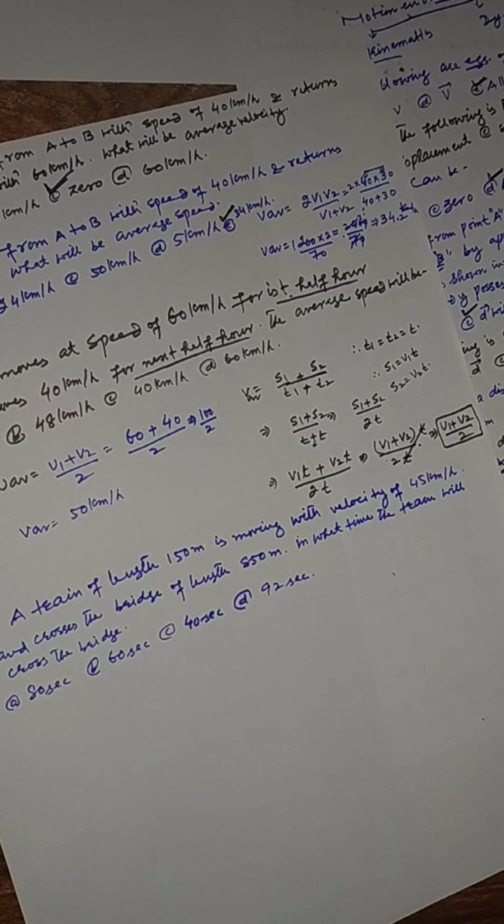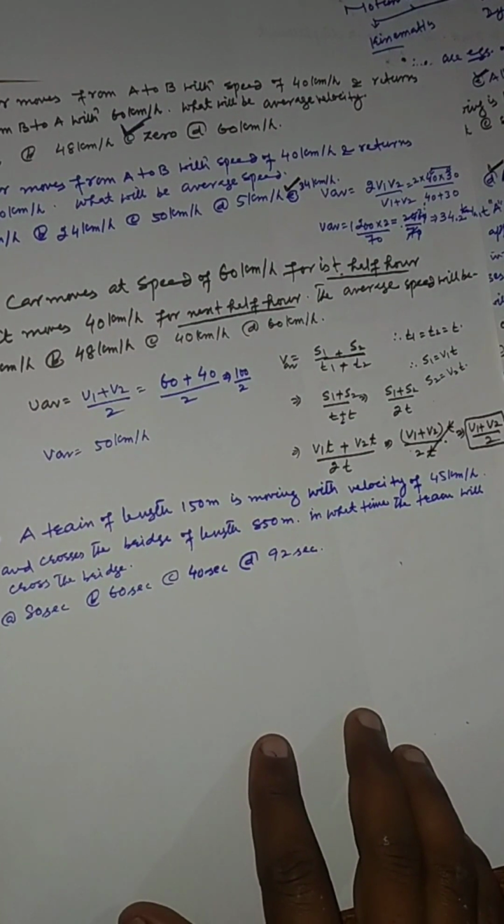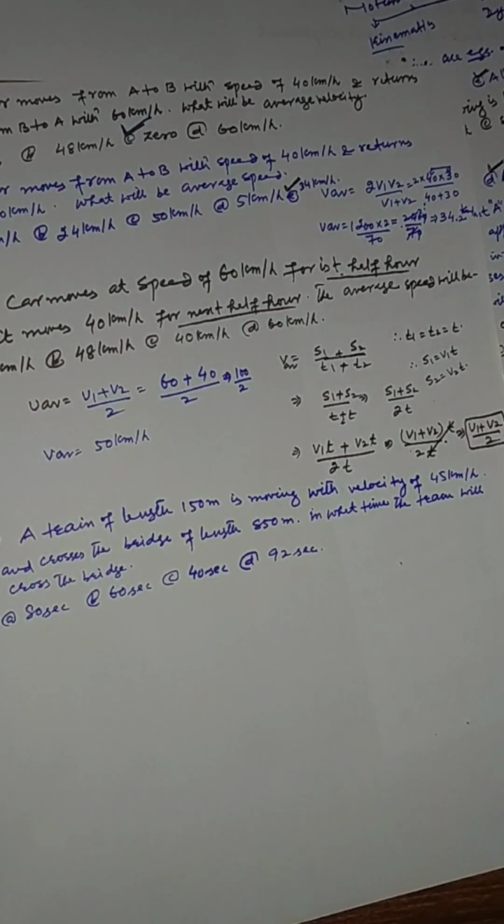So there is a train whose length is 150 meter moving with the velocity of 45 kilometer per hour and crosses the bridge of length 850 meter. We have to calculate in what time the train will cross the bridge.